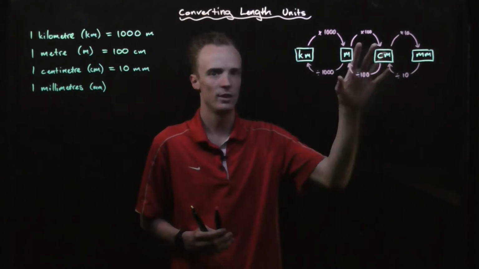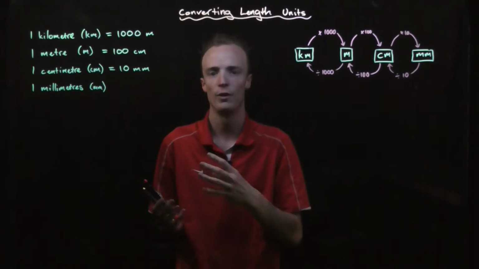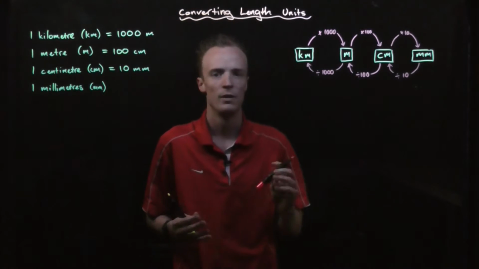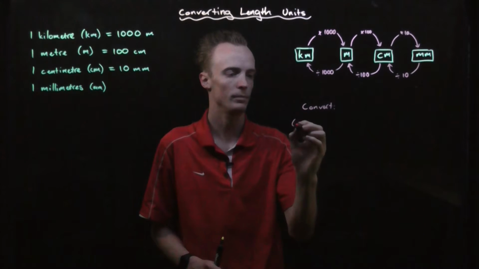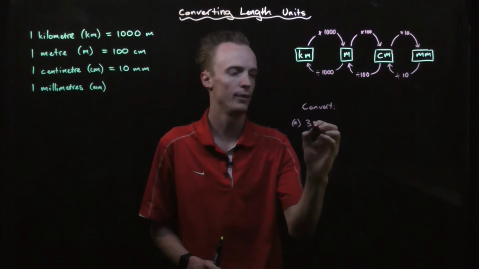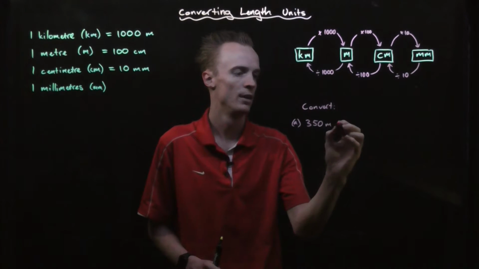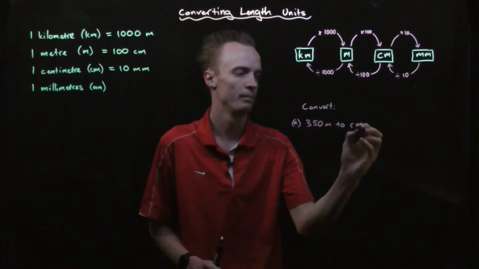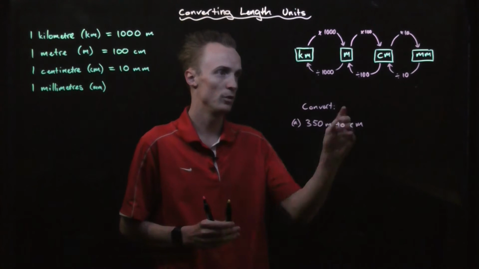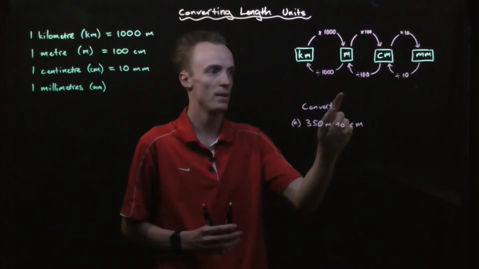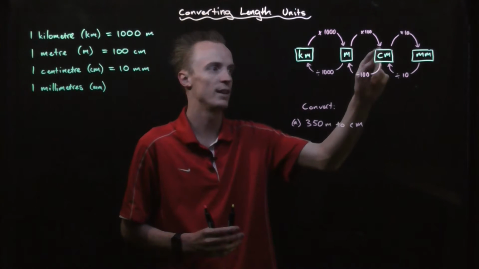Now, we can use this chart to help guide us converting between different values. For example, let's say I wanted to convert 350 metres to centimetres. In order to convert 350 metres to centimetres, I need to look on my chart and start at my metres and look at what I need to do to get to centimetres.